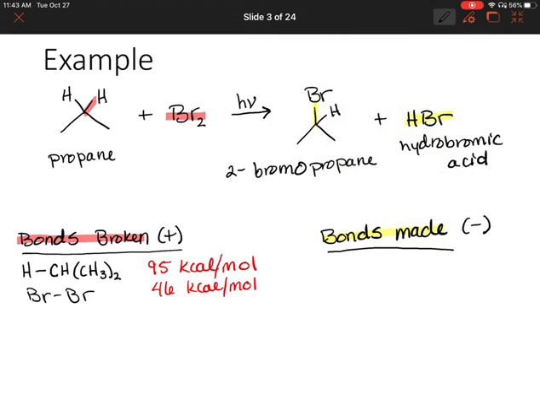And you could do this in kilojoules per mole too, that's fine. All right, so now for bonds made. So we made a bond between bromine and propane.